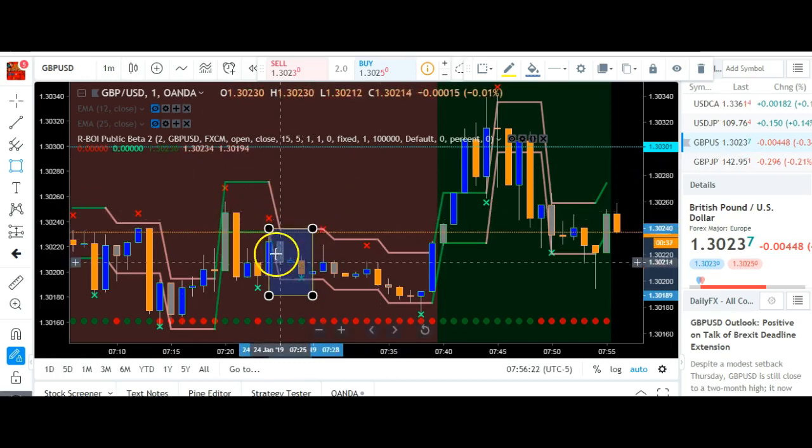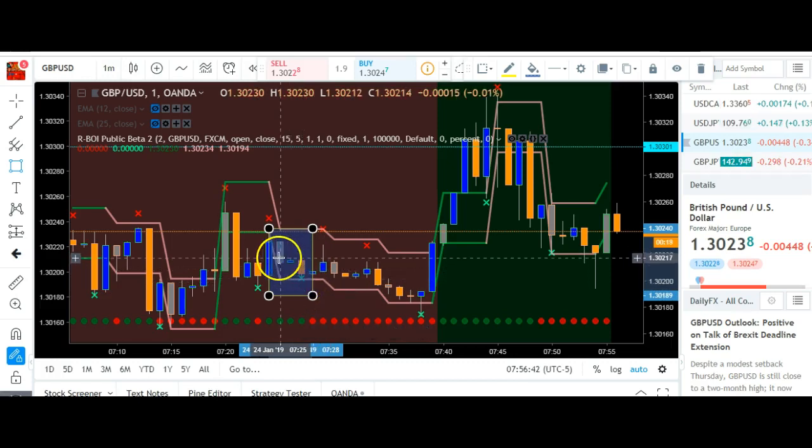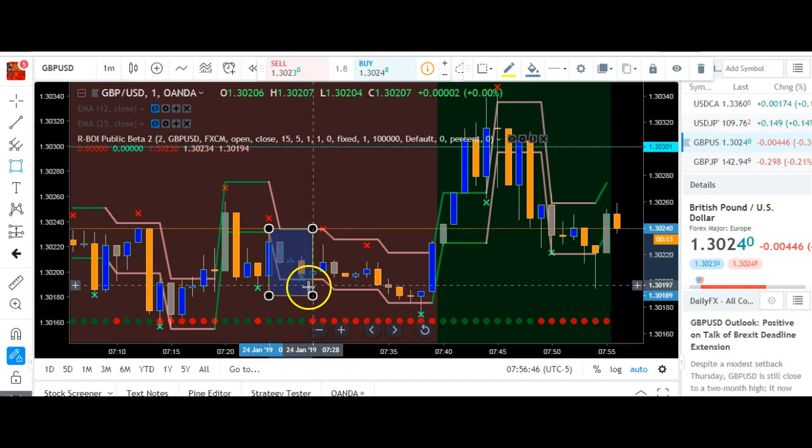Everything red, signal bar down, and wait till this bar closes. This bar has to close in your color first. You can't just jump in before this bar closes. You wait for this third bar right here to close. And then if it closes in the same direction, you should be good to take your trade.